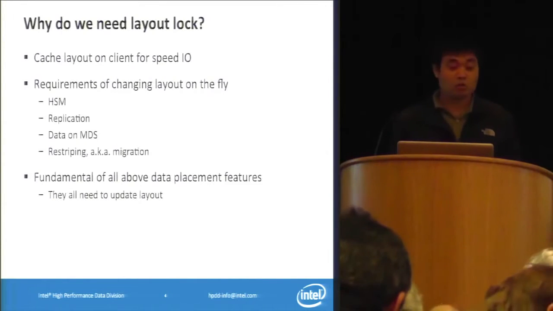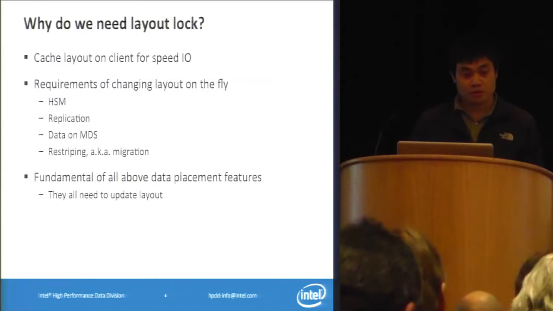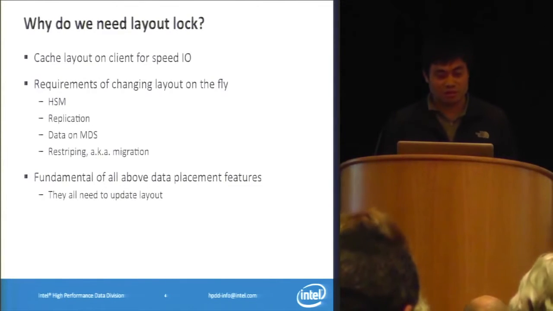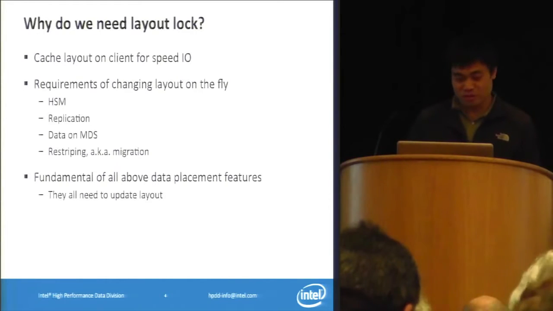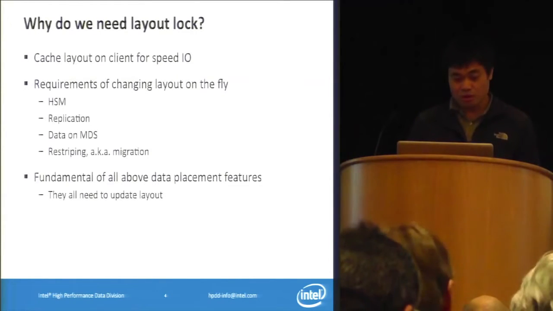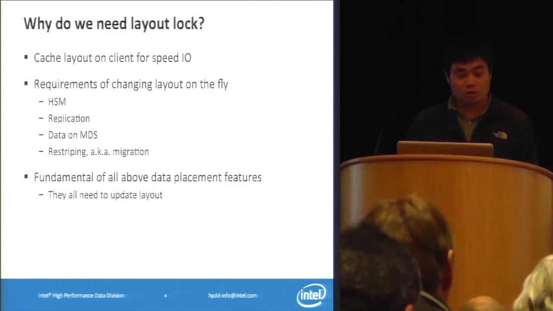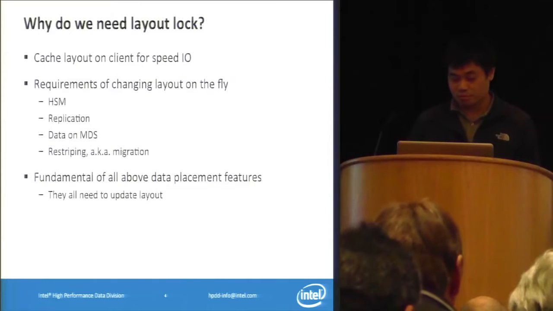I'd like to mention replication especially, because this is a very important feature to let us deploy Lustre on commodity hardware, and that means we can use Lustre in cloud computing. That's pretty hard right now. So layout lock is a fundamental feature for all of the data placement features if they want to change the layout.